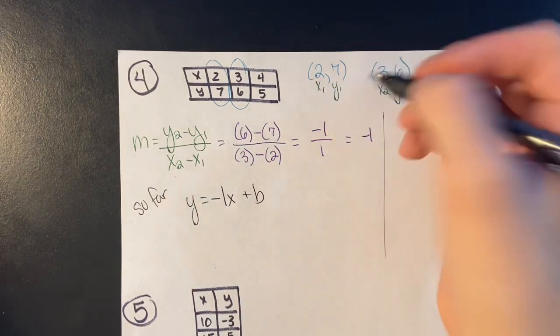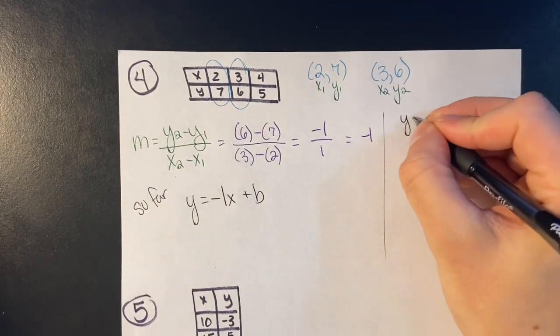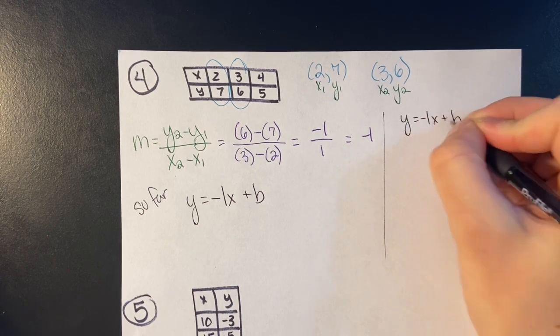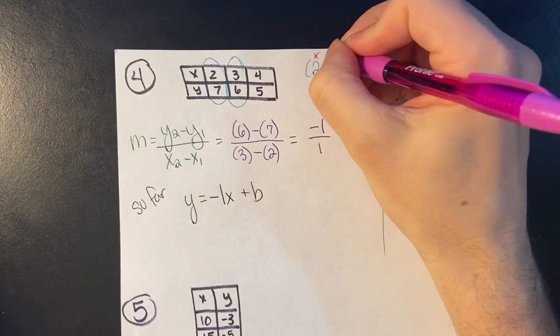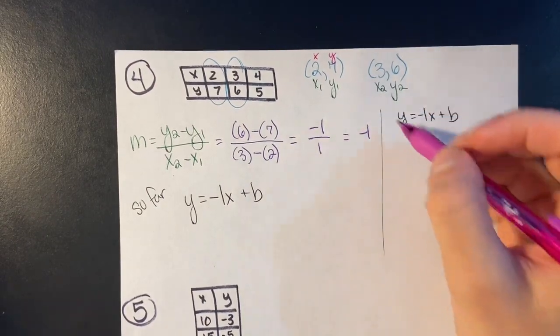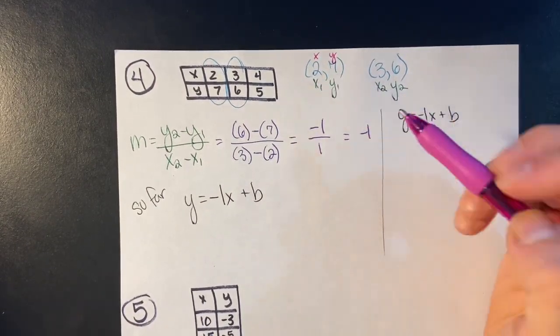It doesn't matter which point I pick. I'm going to rewrite the guy up here, negative 1x plus b. I'll do, I guess this one, doesn't matter, xy. And I'm going to rewrite that and plug those in.